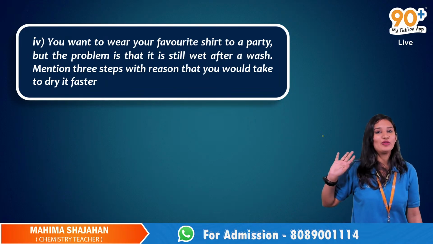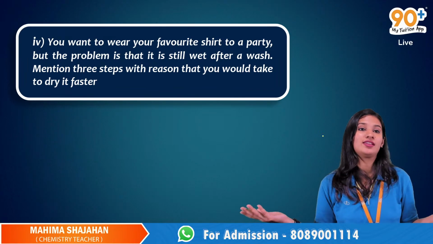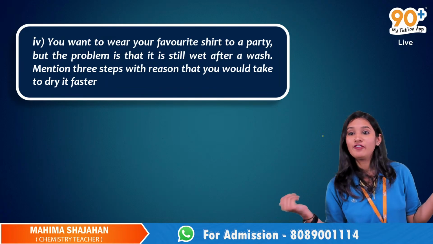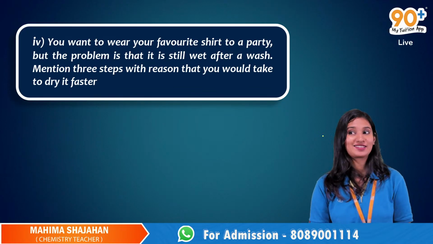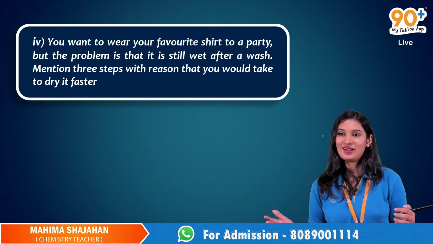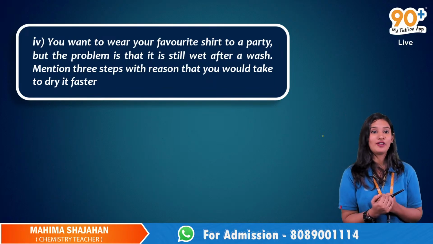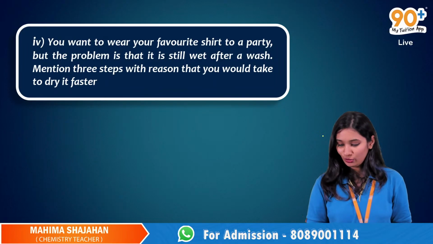It is still wet. Mention any 3 steps with reason that you would take to dry it faster. You will put it under a fan. Okay, yes, why? Yes, you're right, Aman. Wind speed increases evaporation, right? Yes, you will use a fan then.